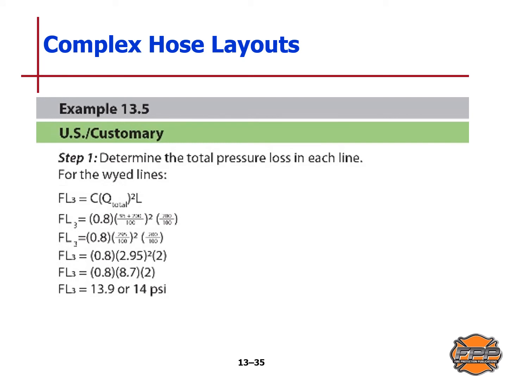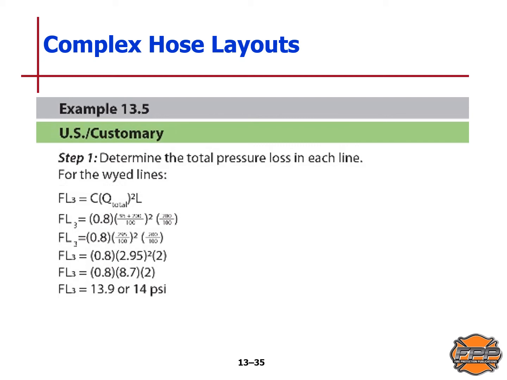Now we have to determine the total pressure loss for the wyed lines. So we have friction loss for line 3 equals C times Q total, which is the total amount flowing, squared, times the length. So we have friction loss for 3 equals 0.8 times 95 plus 200 divided by 100, that's hard to see, times 200 over 100. The next line, we plug in the numbers.